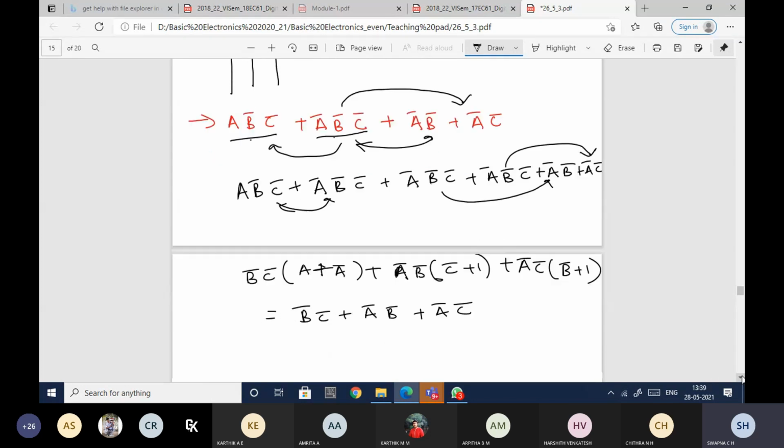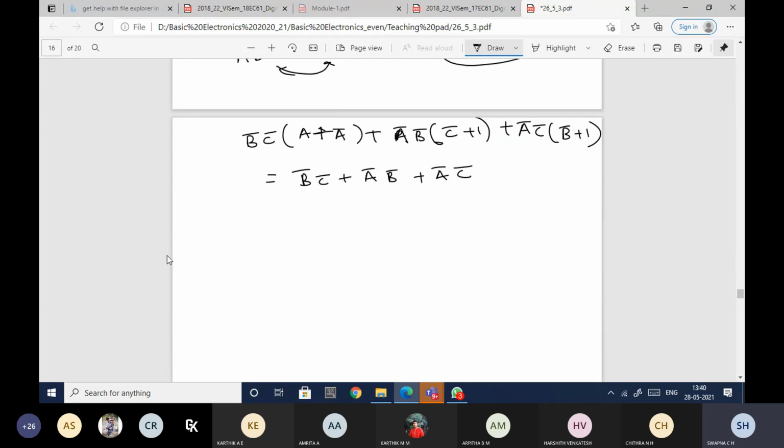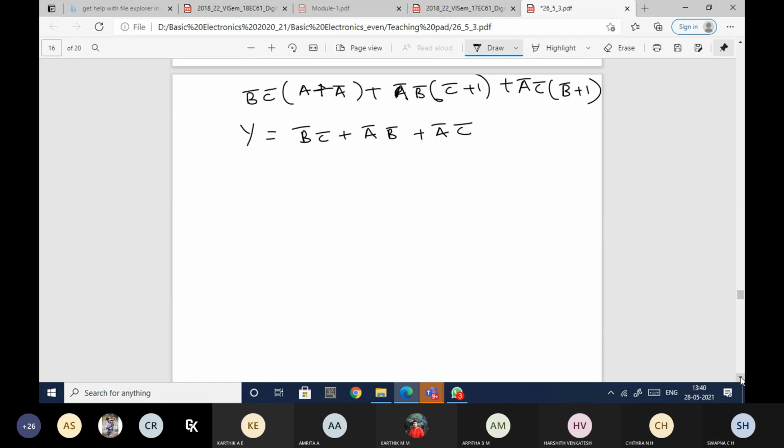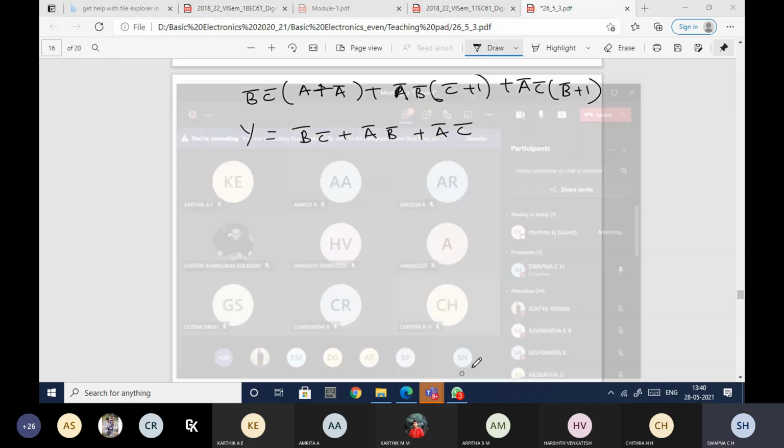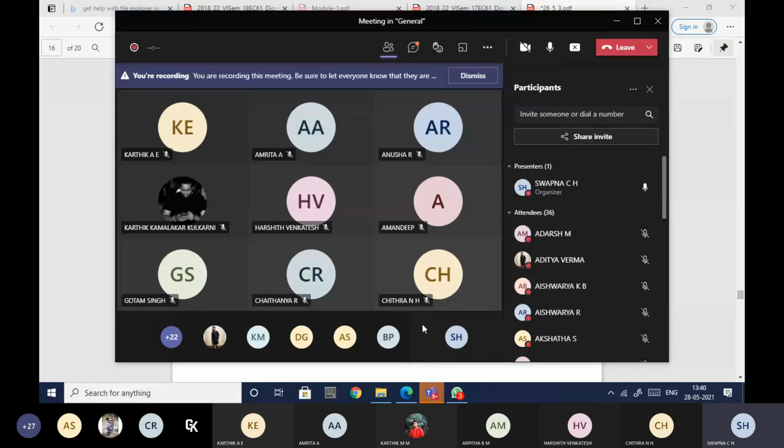Any further simplification is possible here? I don't know why you people are so silent today.